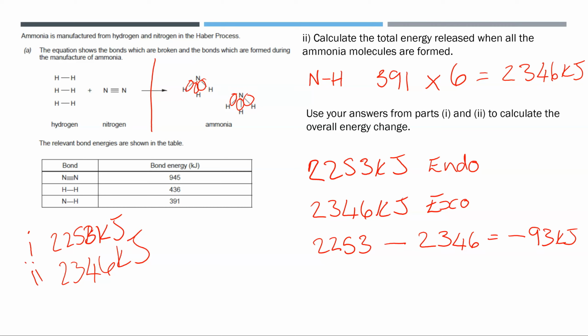And remember, you always do reactant energy take away product energy, and that will give you the overall energy change. Don't get thrown by the fact that 90% of the time, probably 99% of the time, this number is going to be smaller and you will end up with a minus number.